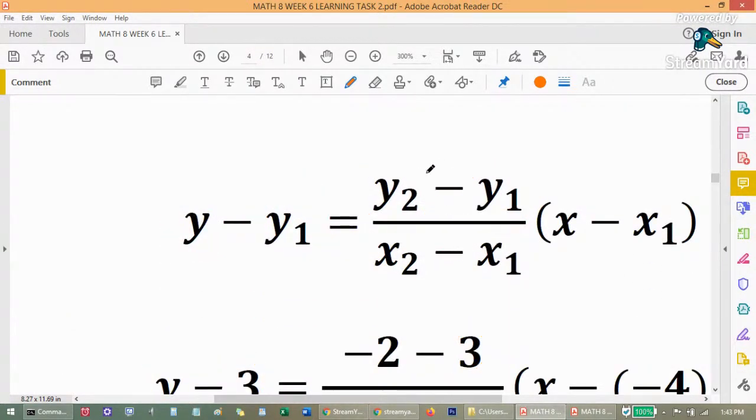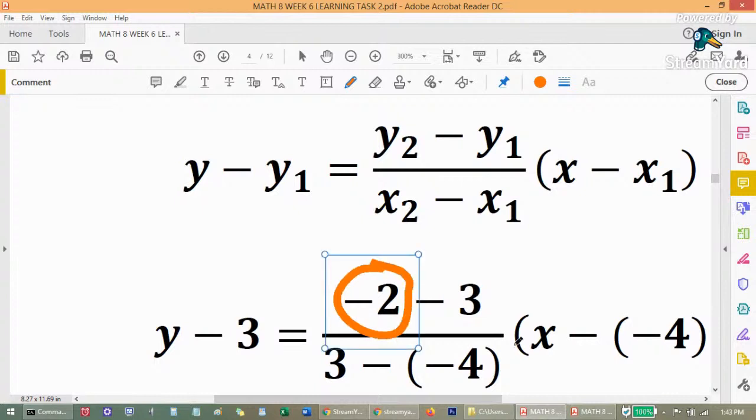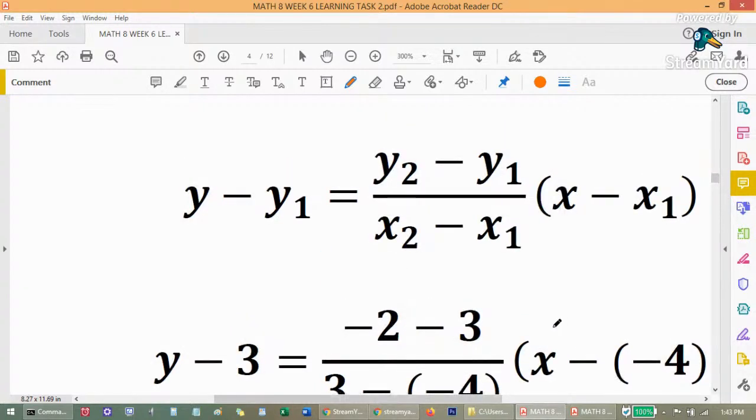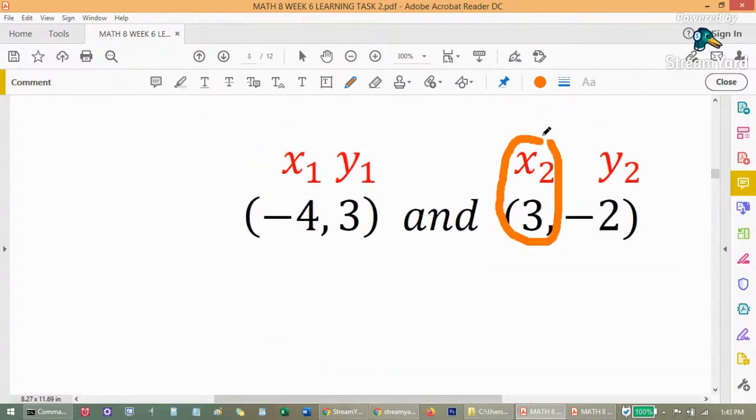So, pag walang katabi yung negative, pwede na natin palitan yung y sub 2 ng negative 2. Okay? Yun lang ang y sub 2. And then, dito tayo sa baba, x sub 2. X sub 2 is 3.